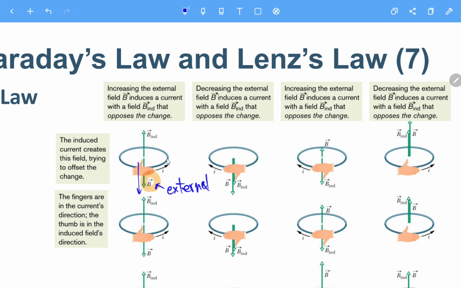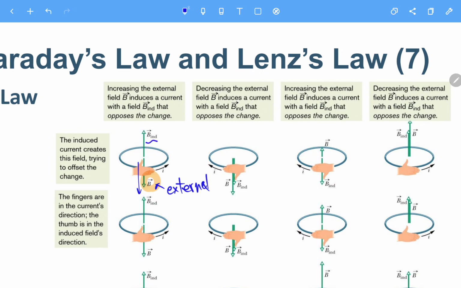So the loop will try to generate an induced B field pointing upward, to cancel this change, even though the B induced cannot perfectly cancel the change, but it tries to do so.